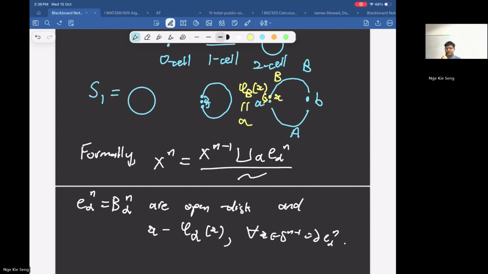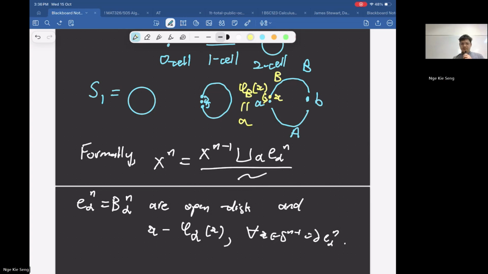If this step can stop at some n, we will set our X to be X^n. Then this n will become the dimension of this space.